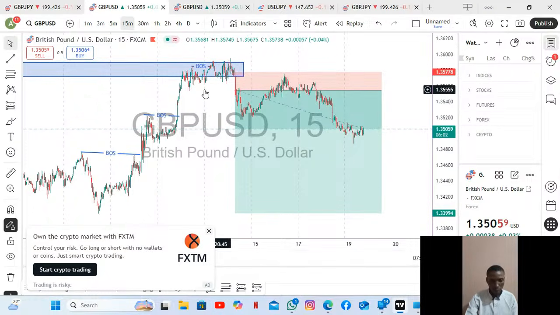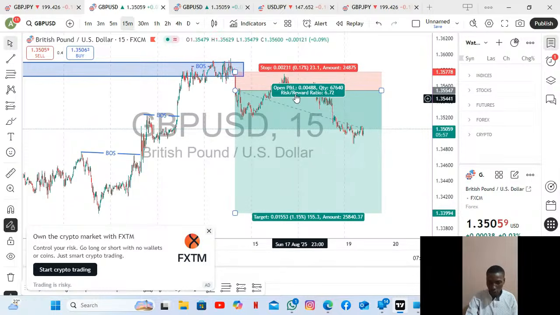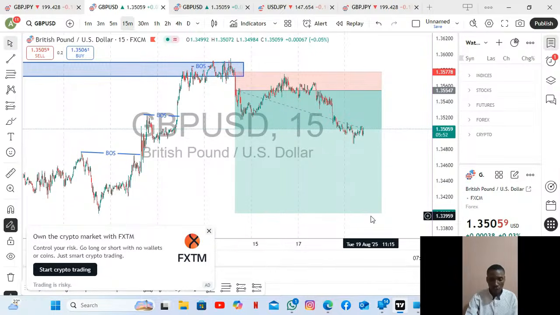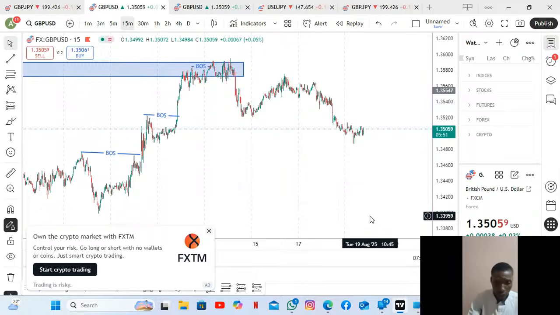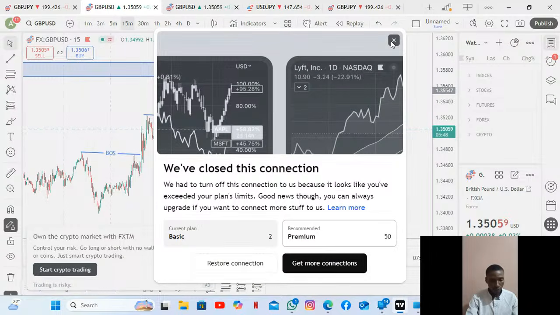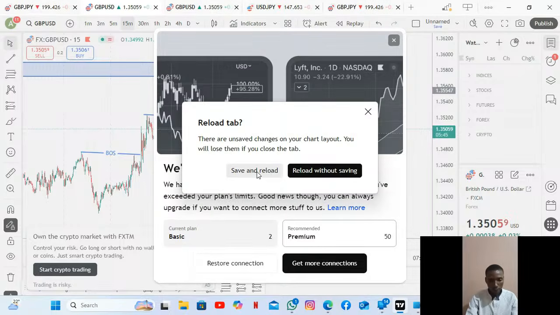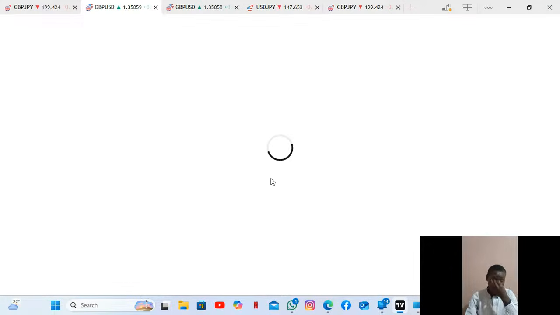What we predicted last week happened towards the end of last week, and the market went in a direction. You see, it has been dropping and dropping, and we are still expecting the market to reach here. For those who have been holding this trade since last week, who took the trade with me, we expect you to book some.